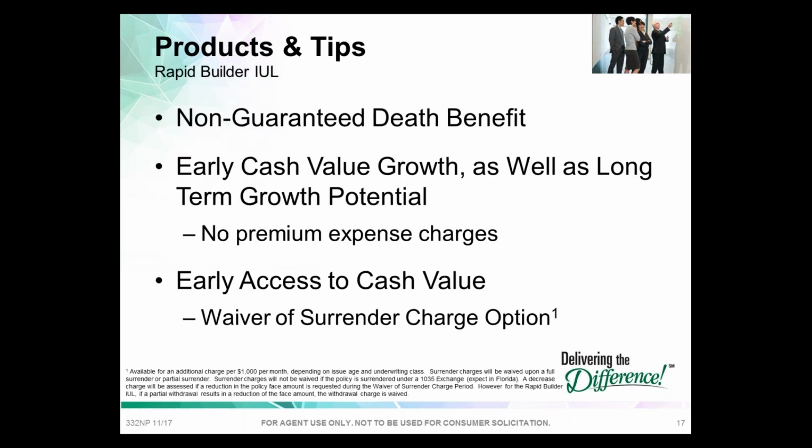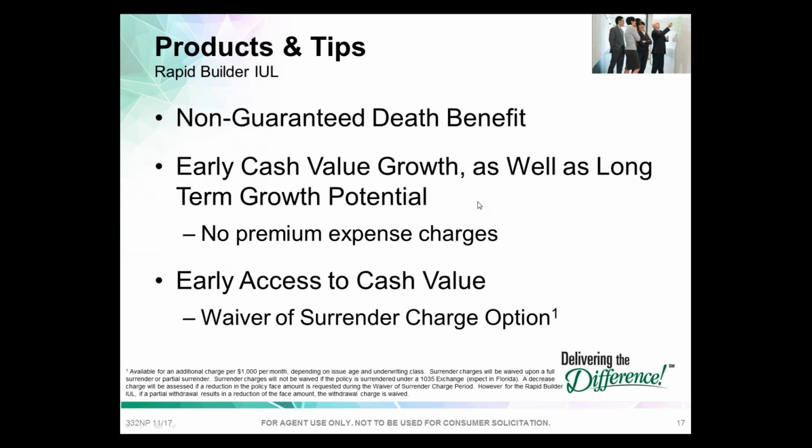Then the Rapid Builder. Again, let's look at the name, Rapid Builder. It's rapidly building cash value. This is all about quick cash value growth and the earliest access to cash value. It's a non-guaranteed death benefit, but it's that early cash value growth. It does have nice long-term potential, but not as much long-term potential as, for example, our Builder product, or maybe even not as much as our Guarantee Builder.